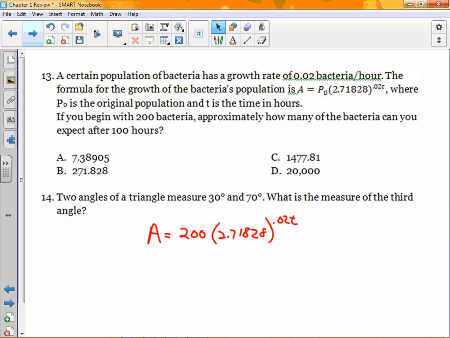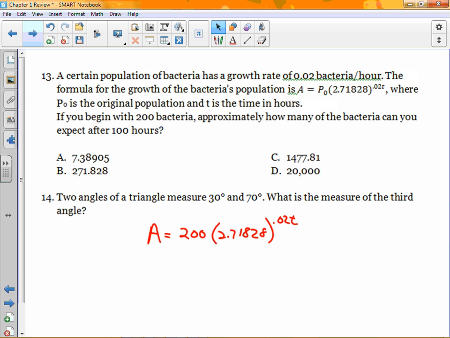What's any number to the 0 power? 1. So that would be 200 times 1, 200. So basically, all this stuff is going on so that we'll substitute in here.